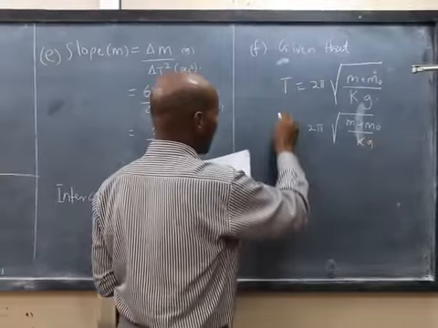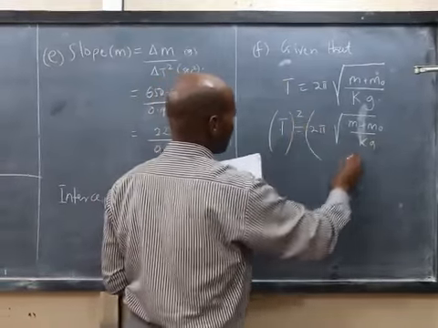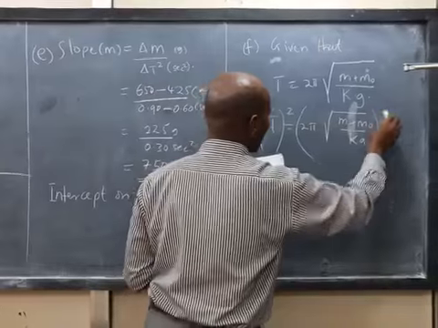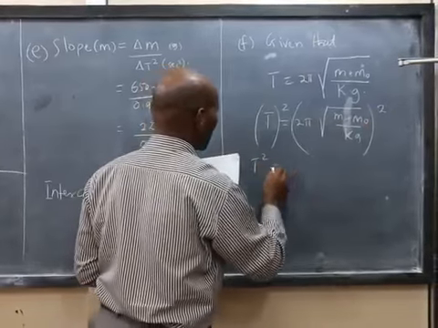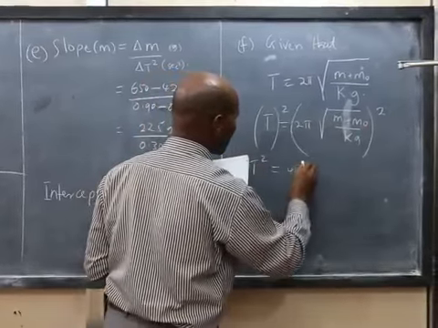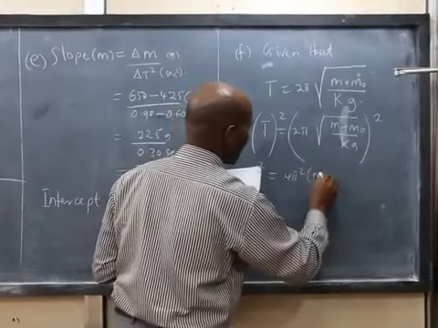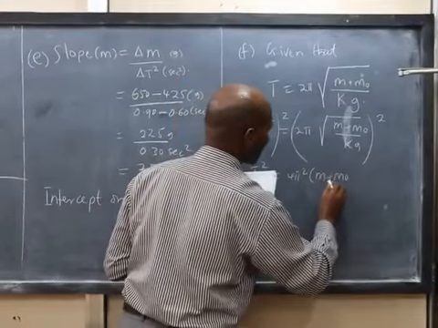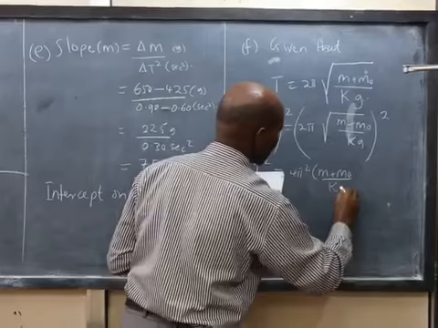If you square both sides, you get T squared equals 4 pi squared (m plus m naught) over kg.